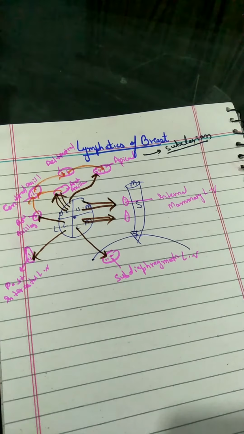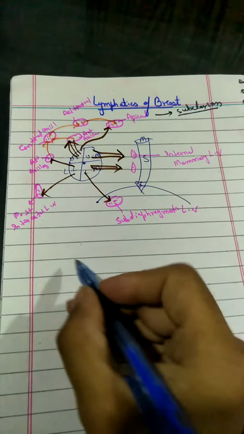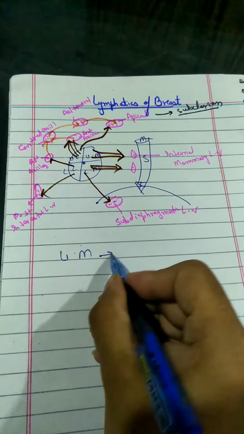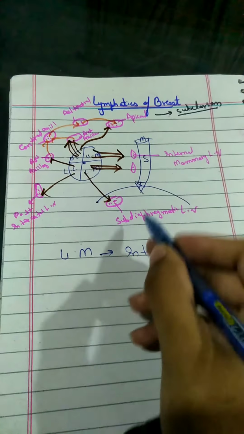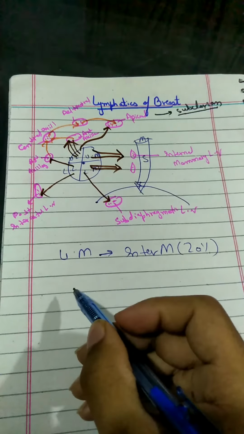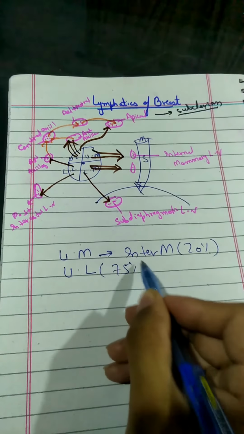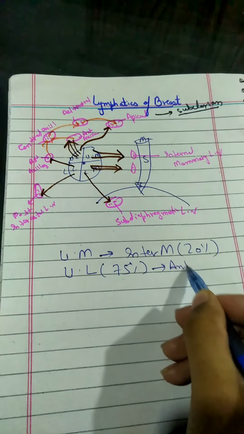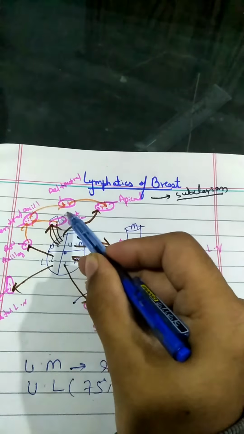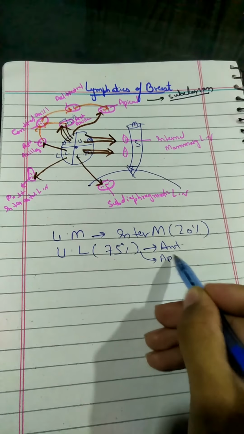Now from the upper medial quadrant, the lymph goes into the internal mammary lymph nodes, about 20%. From the upper lateral quadrant, 75% drains to the anterior axillary lymph nodes, and some into the apical group of lymph nodes.